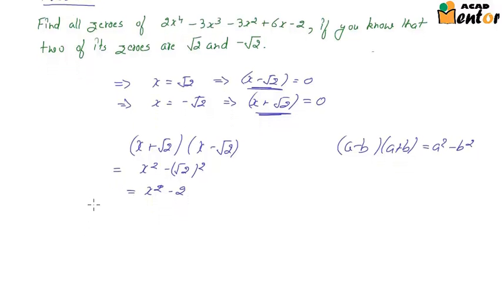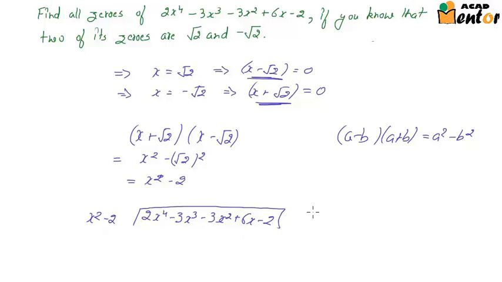So let's do that. The first term would be 2x square. 2x square multiplied by x square will give us 2x raised to the power 4. 2x square multiplied by minus 2 would give us minus 4x square, which we'll write below the term minus 3x square.